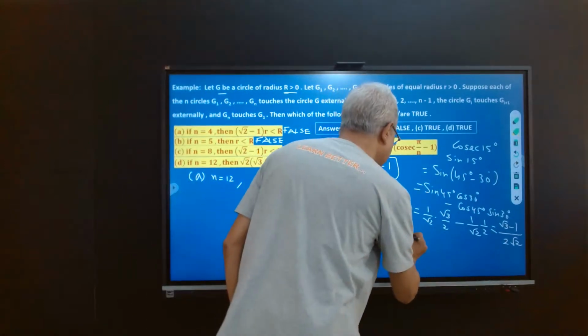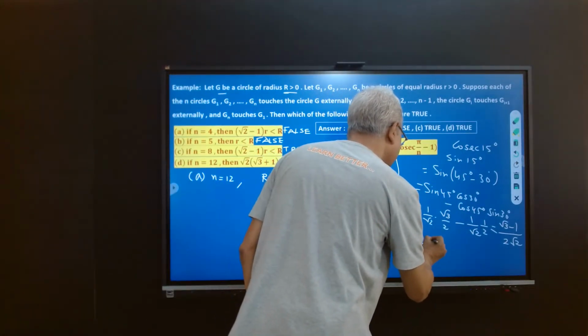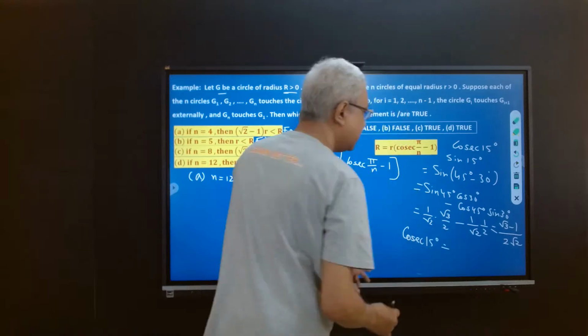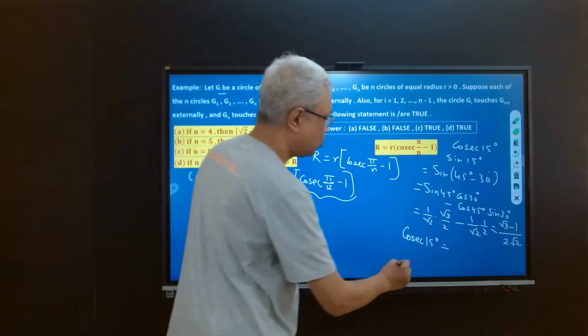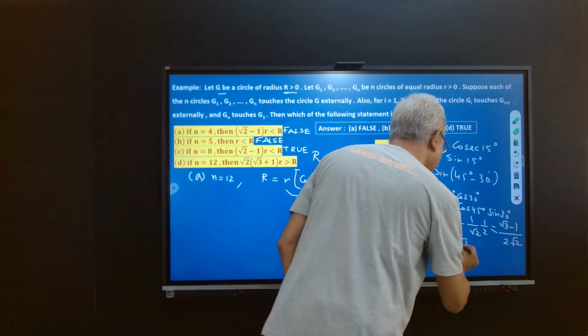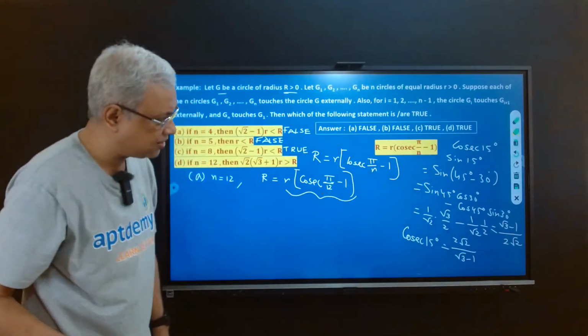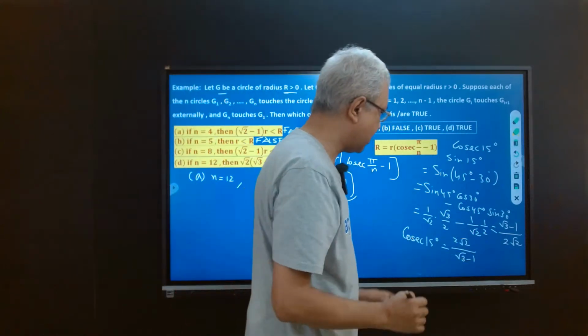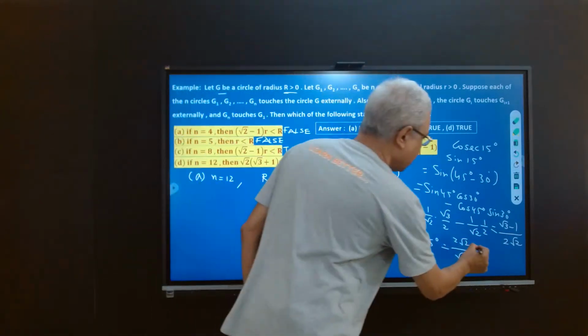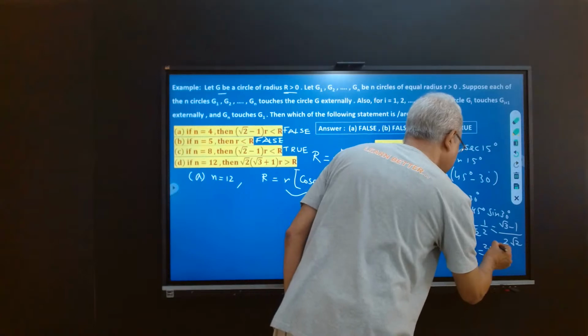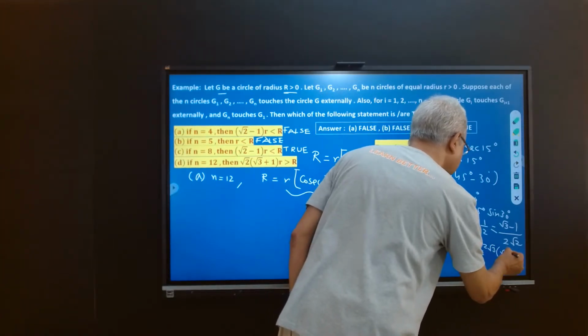So cosec 15 degree is how much? Reciprocal of this, it is 2 root 2 divided by root 3 minus 1. So if we rationalize the surds in the RHS, it becomes how much? It is a very standard technique. You have learned it in class 9 itself.